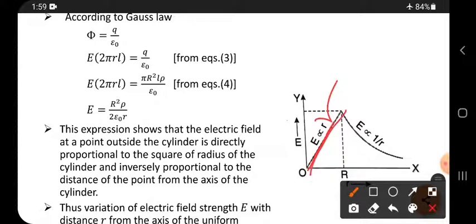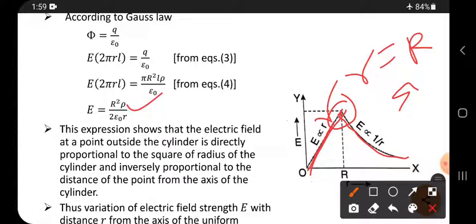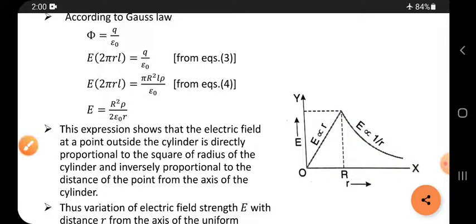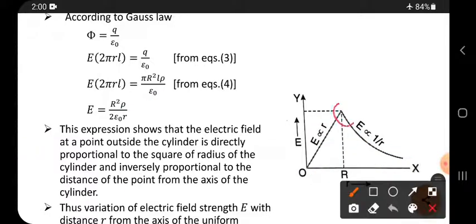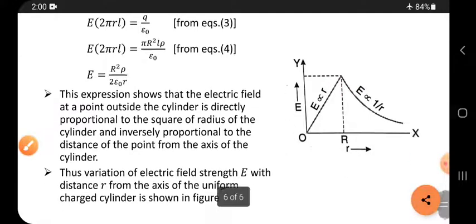When small r equals capital R, the E value is maximum. And when the r value increases further outside of the cylinder, the E value slowly decreases. So this is what the graph indicates. The E value is maximum only on the surface of the cylinder.